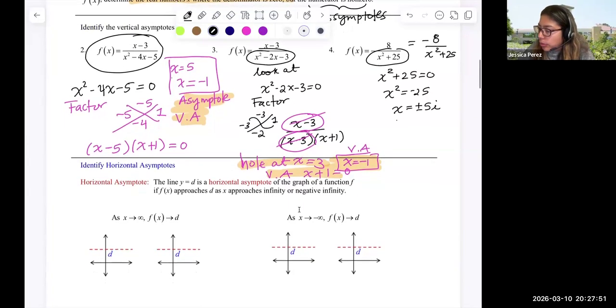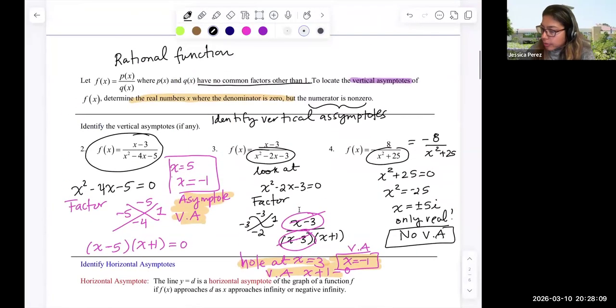This should only be real numbers. So because these are imaginary, no vertical asymptotes. There's no way I'm going to have a 0 in the denominator. No values of x will give me 0 in the denominator because they must be real numbers, not imaginary.